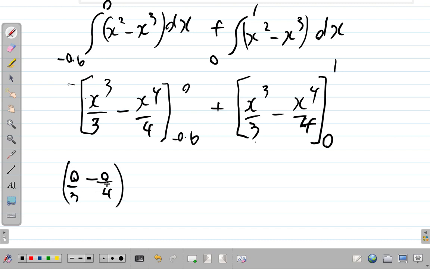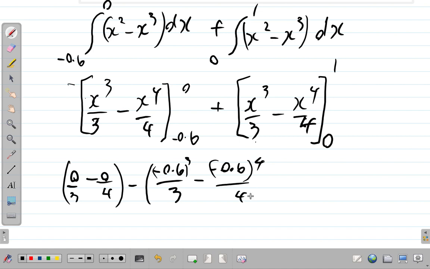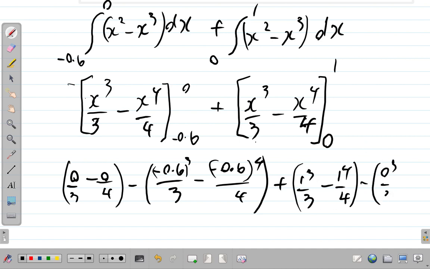Minus negative 0.6 cubed over 3 minus negative 0.6 to the 4th over 4, plus 1 cubed over 3 minus 1 to the 4th over 4, minus 0 cubed over 3 minus 0 to the 4th over 4.